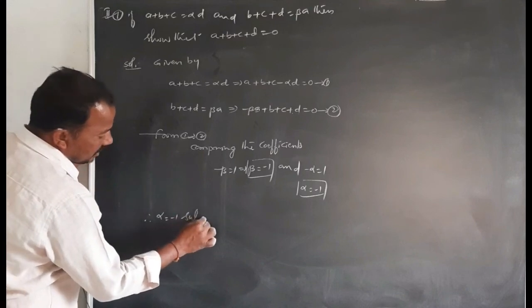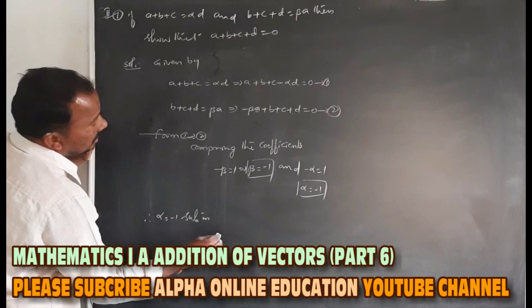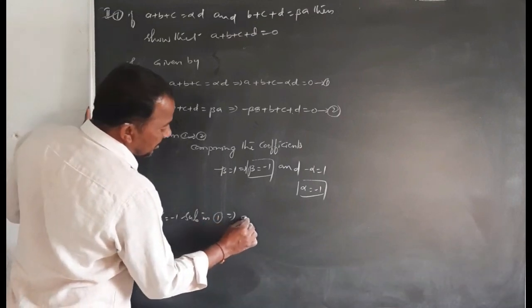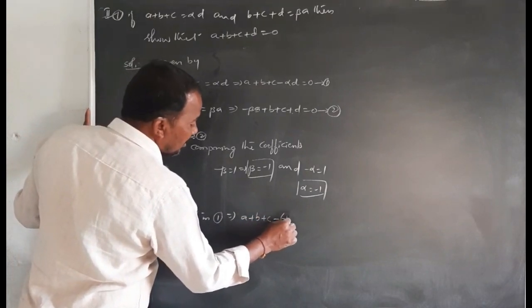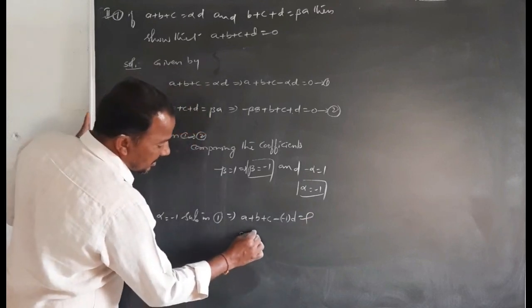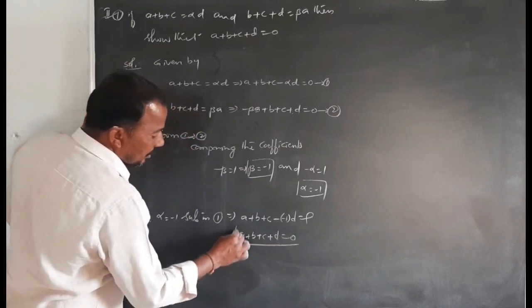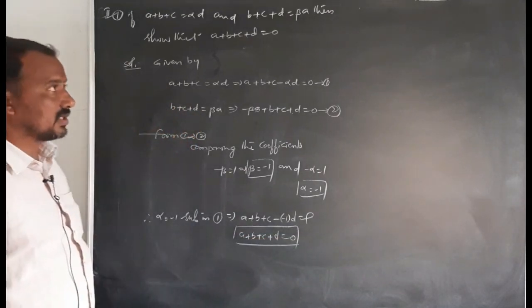Substitute in equation number 1: A plus B plus C minus alpha, meaning plus D, equals 0. A plus B plus C plus D equals 0. First exercise is over.